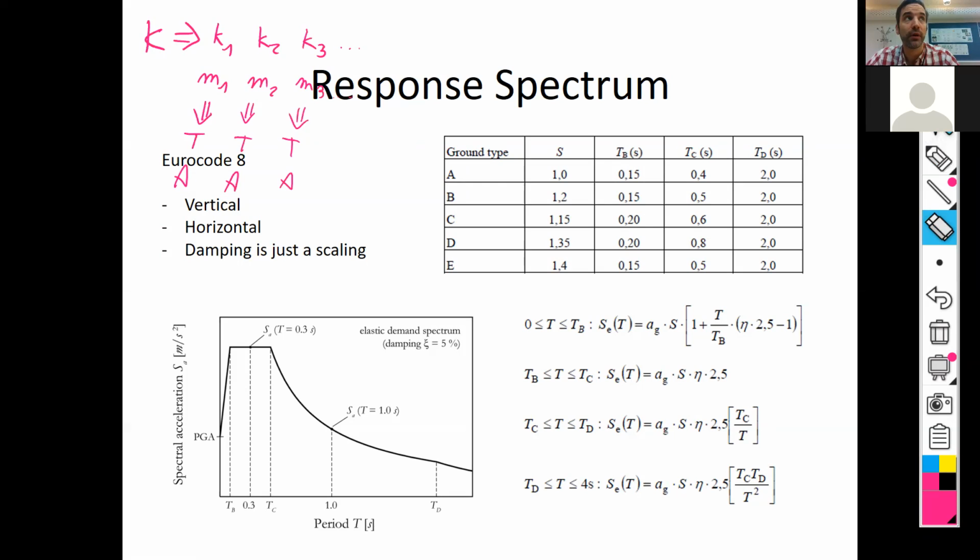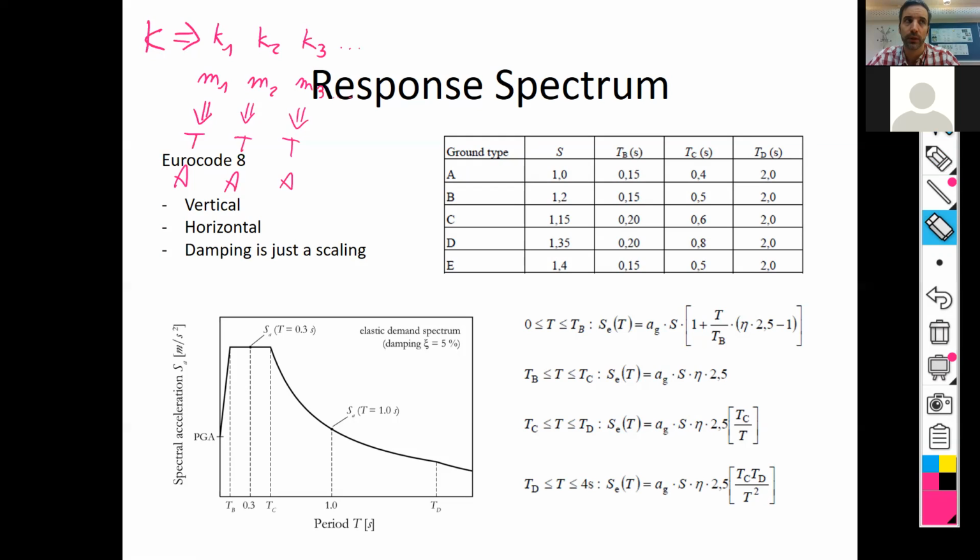If you have a concrete structure, then you are allowed to assume a modal damping ratio of 2%. If you have a steel structure, then you have to assume 1%. So it's just dictated by the code.